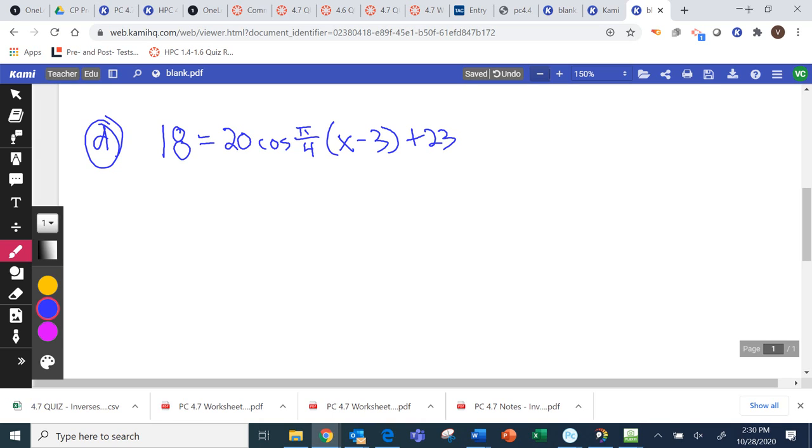And we have to solve for x. I'm going to take away 23 and get negative 5. I'm going to divide by 20, negative 1/4.